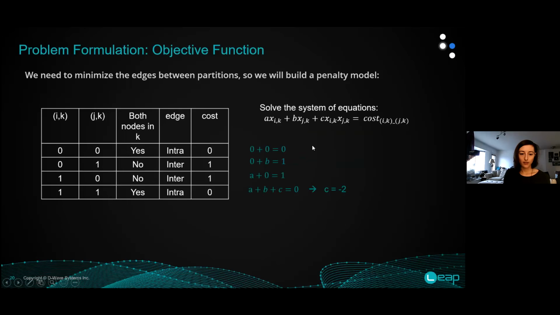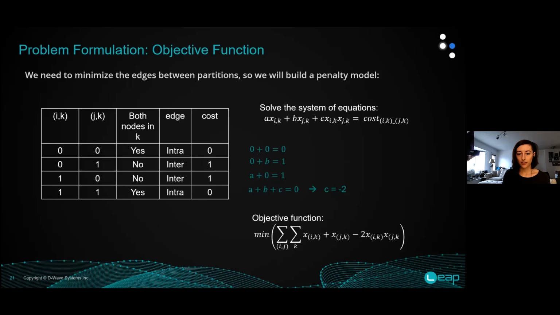Now that we have our penalty model, we can use this to solve a system of equations. The equation that we're solving is shown on the slide here: A times x_ik plus B times x_jk plus C times the quadratic term. When we solve for A, B, and C, we get an equation that favors choosing a solution that has both dependent nodes in the same partition.